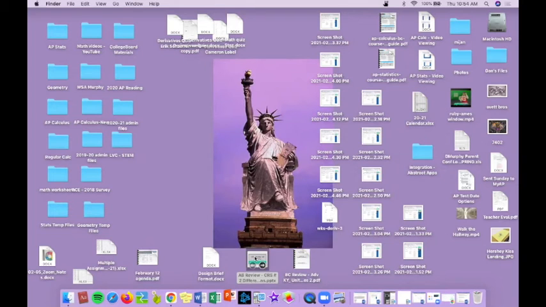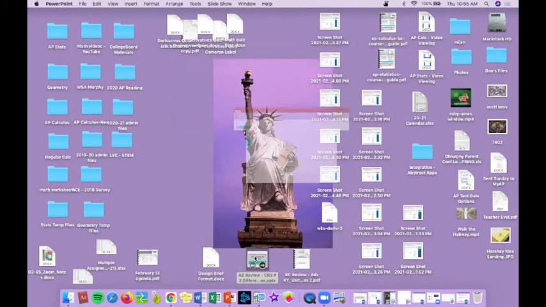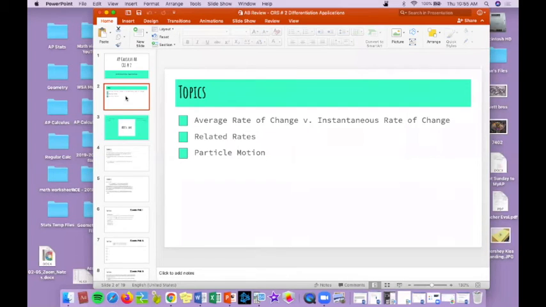And there's a lot of average versus instantaneous rates of change. I got to clean up my desktop. This is opening really slow. Yeah, basically this is average versus instantaneous rates of change.